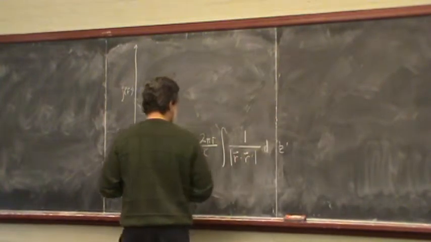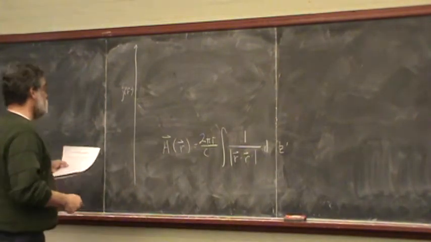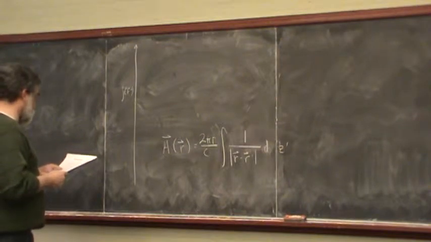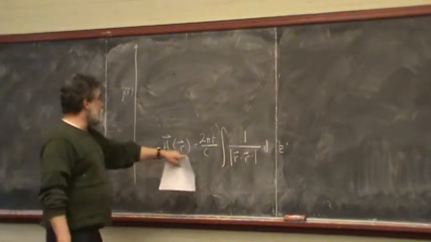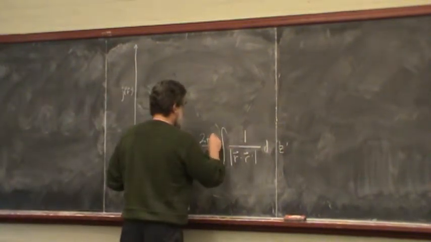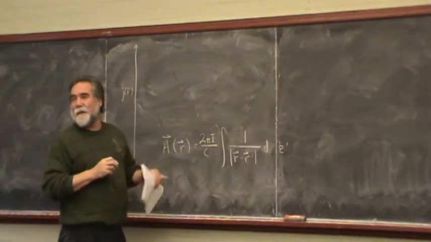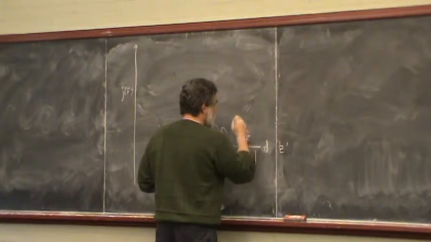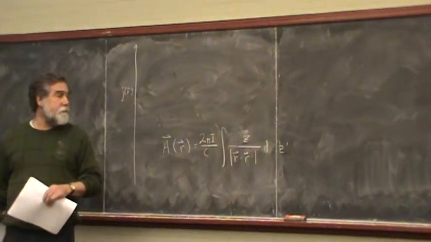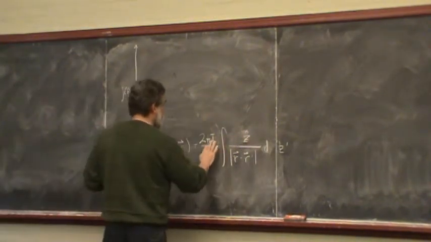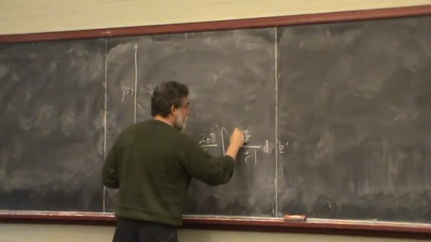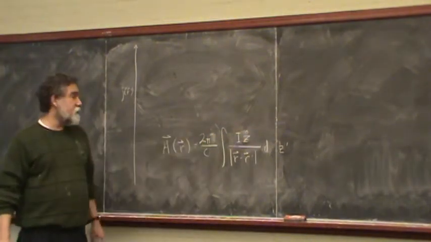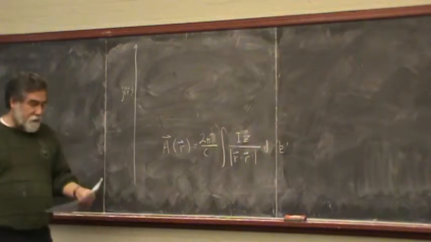I seem to have lost a vector in here. So J, ah, yes. The current here had a direction. It was embedded in J. The current is flowing along the z direction. So actually, I'm just going to put here and make it clear that that's the current density that we're talking about there.